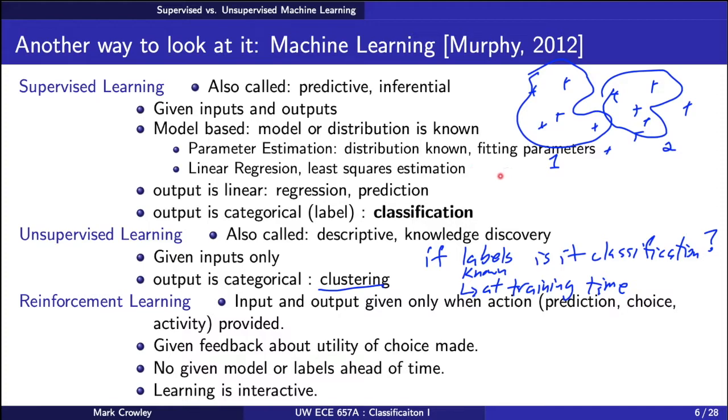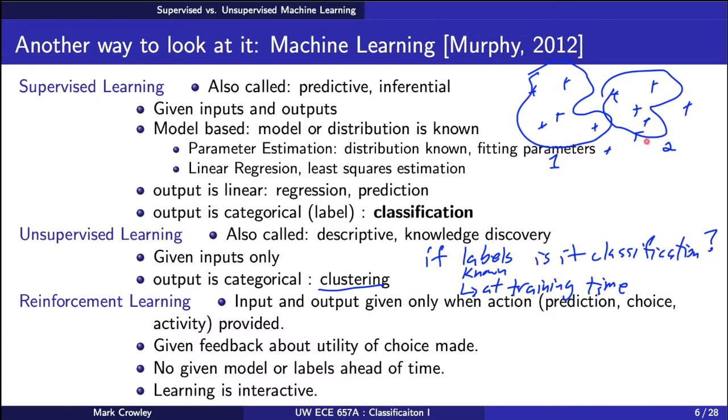So it could be that you, as the modeler, know the labels, but you're not giving them to the algorithm because you're trying to prove that it can learn the essence of this data without giving labels. But if the algorithm's given access to that, then it's supervised.